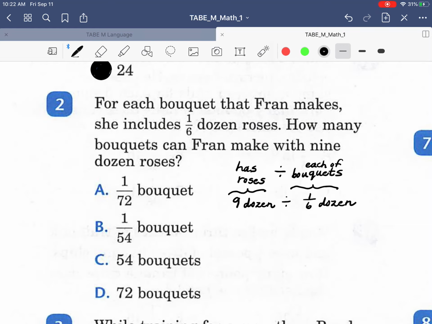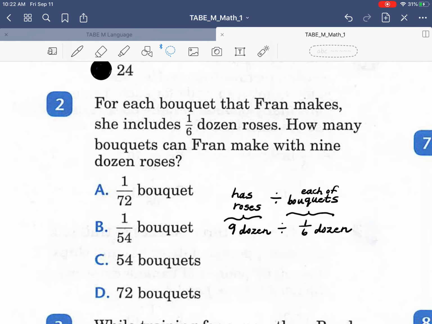But on a test, you cannot rely on that. You're going to have to figure out how to set this up yourself. You always want the total, and let me pull this down just a hair and I'll write this in there. With the division problem, you always want your total to come first. So the total is what she has. And then the second one will be the condition or the scenario for one given thing. So you're breaking down a total into, in this case, different bouquets.